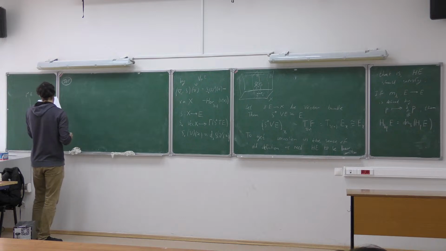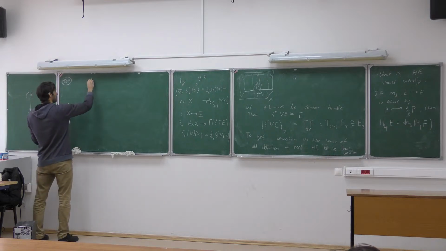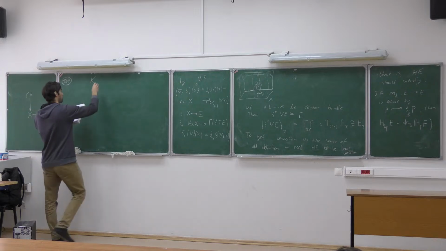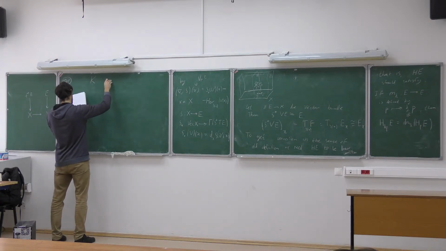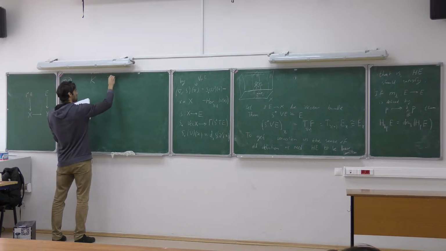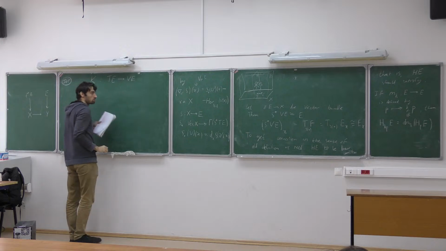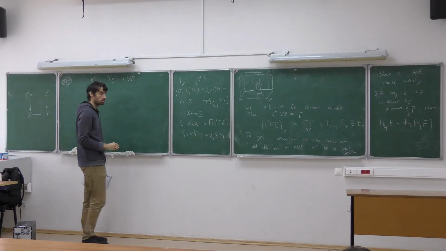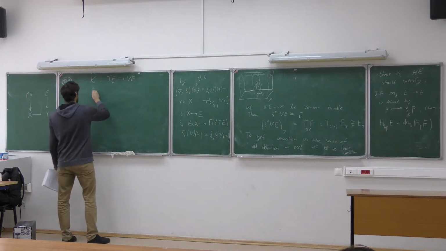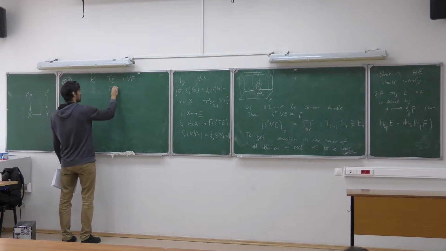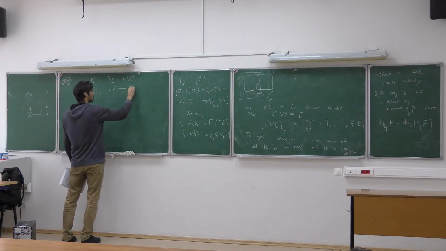First I will need two maps. The first one I denote by K, and this is just the fiber-wise projection to the vertical bundle. And H is the fiber-wise projection to the horizontal.